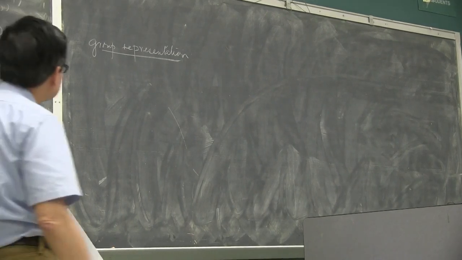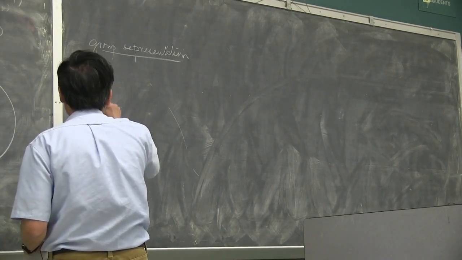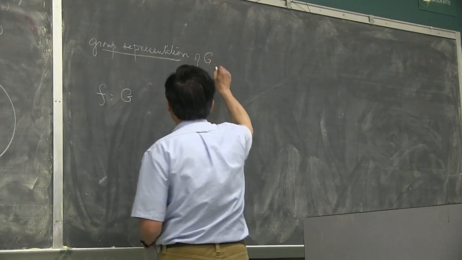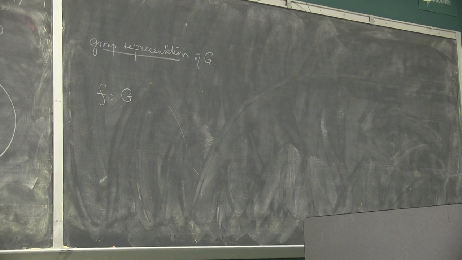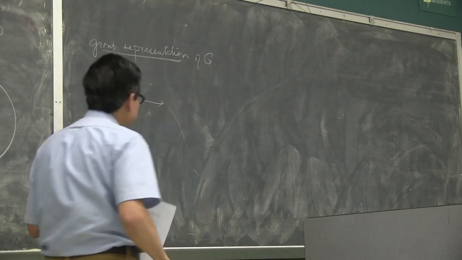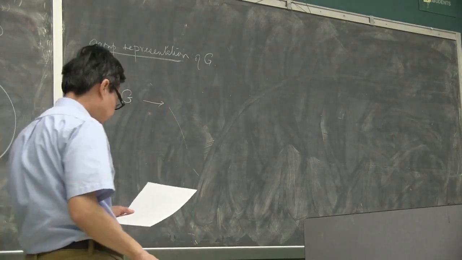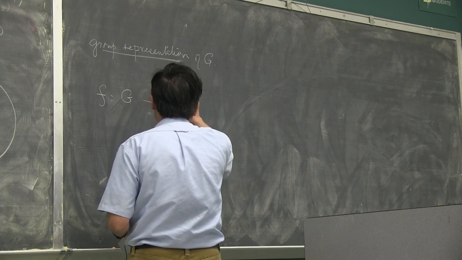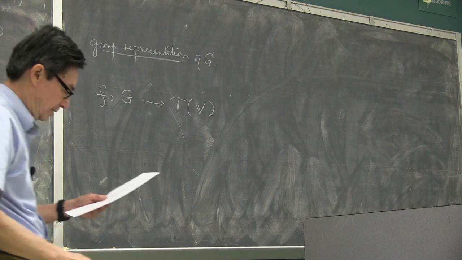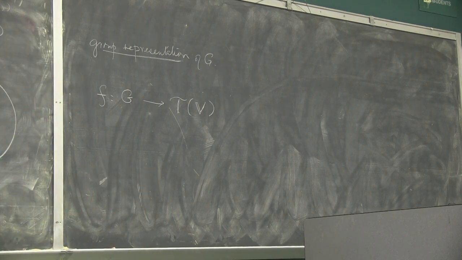The group representation of a particular group G is a group homomorphism from the group G to the group of linear operators on some vector space V. I think this is a notation I've used in my book.